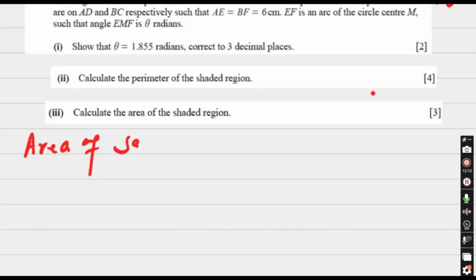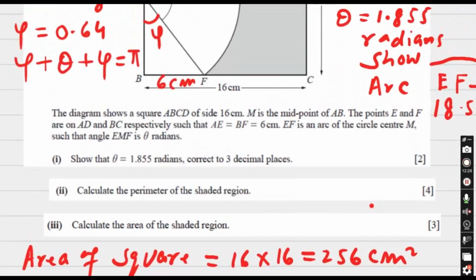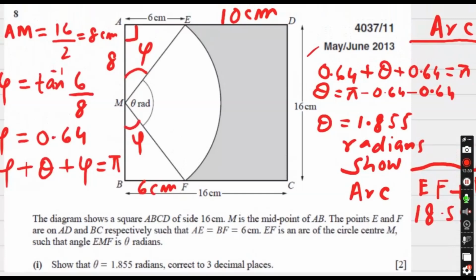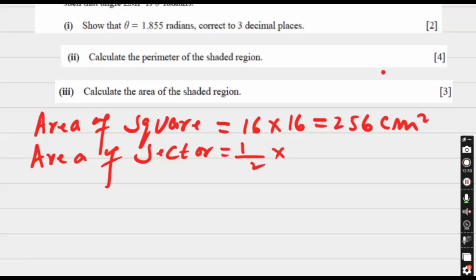Area of square is side by side, that is 16 by 16. Answer is 256 cm square. Now we have to find the area of sector. The formula for the area of sector is half multiplied by radius square into theta.